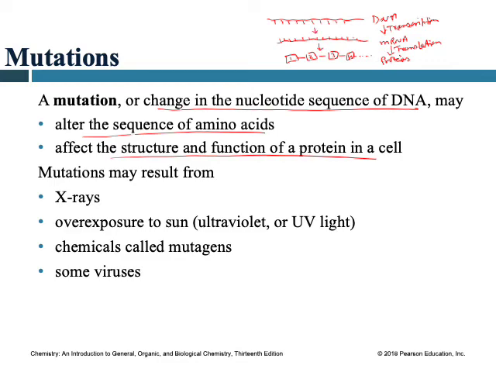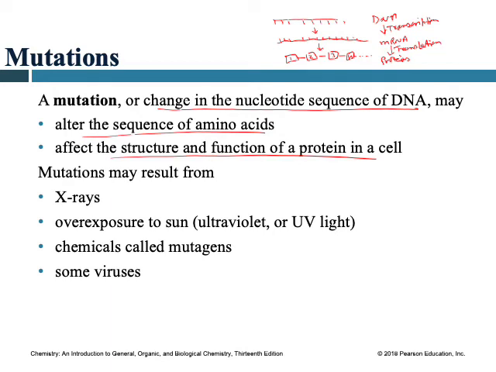So if we change any bases in the DNA, let's say I remove these two bases from the DNA, what's going to happen? If these bases are gone, then a couple of bases from the mRNA will also be removed, because transcription won't transcribe this empty sequence, right?